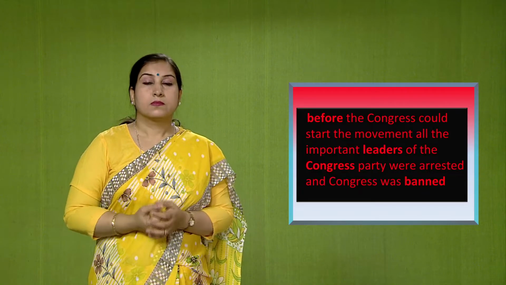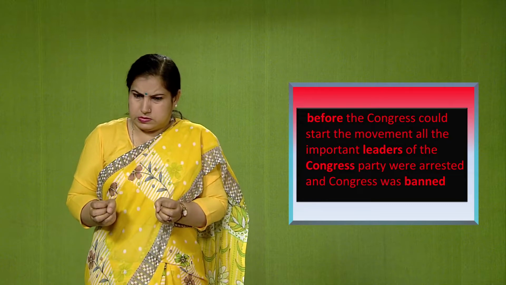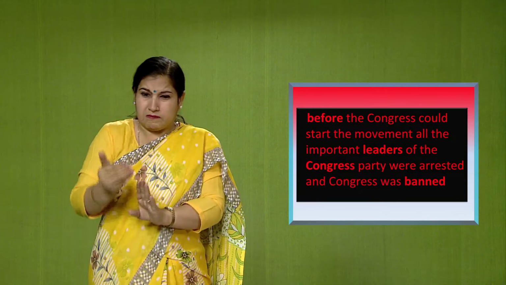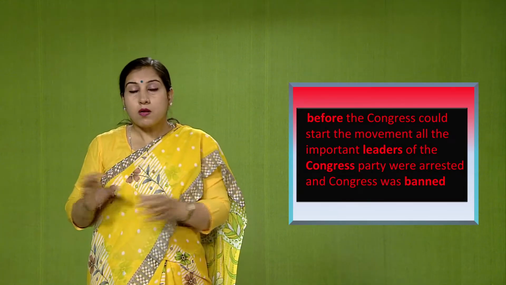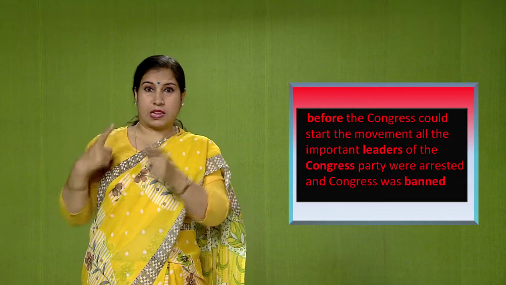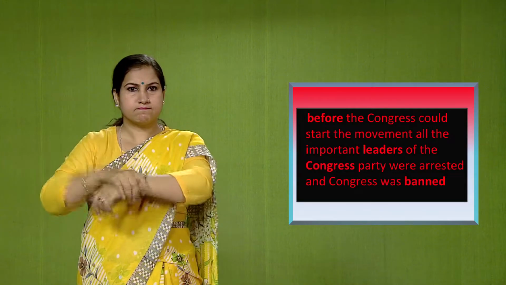The Congress Party decided to start a non-violent movement to send the British out of India. However, before the Congress could start the movement, all the important leaders of the Congress party were arrested and Congress was banned.